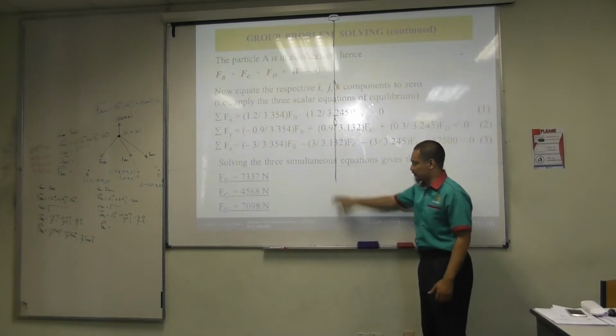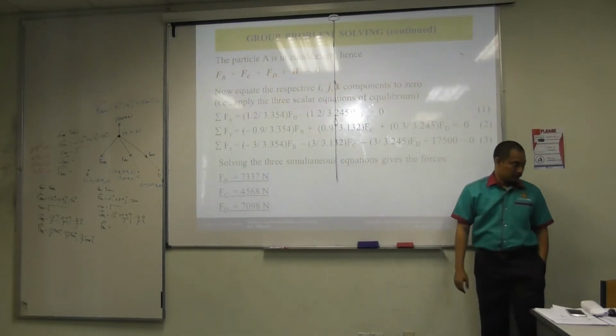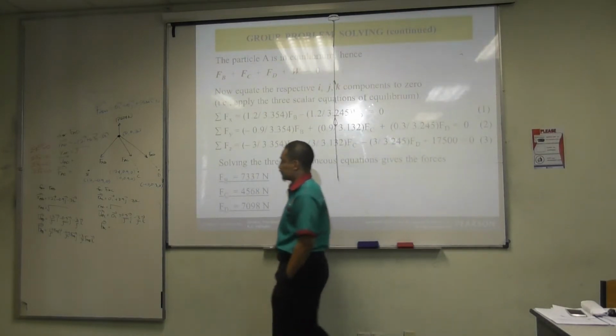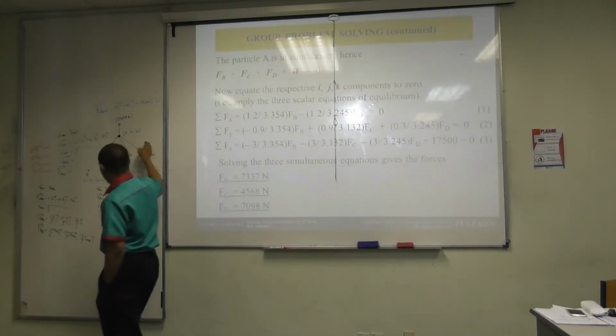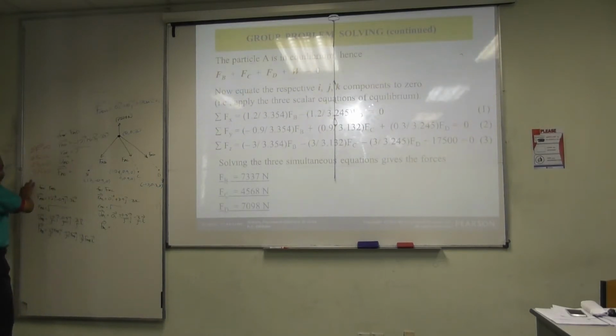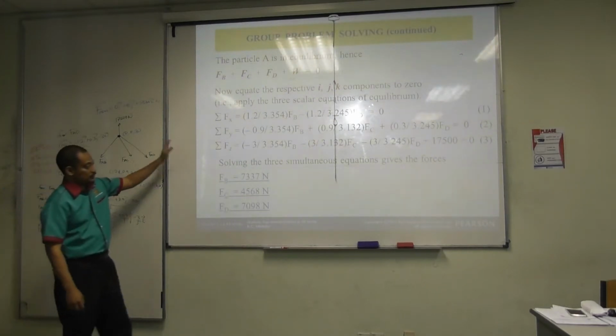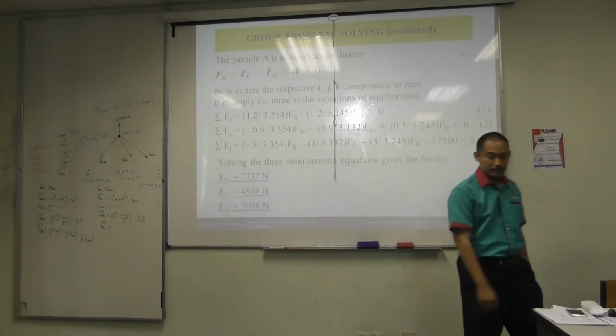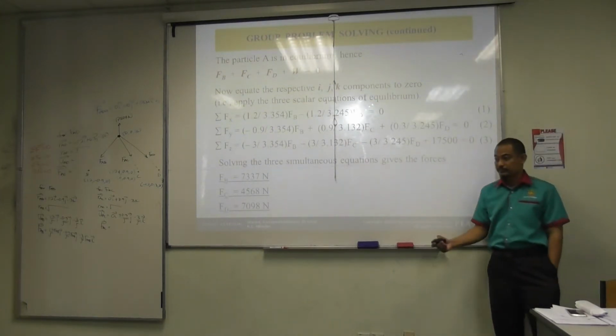So the rest is mathematical. Any question on how to go from the question to the free body diagram, to identify the coordinate, to know that you should solve using equations of equilibrium, to express every force in Cartesian vector form or x, y, z components, and then solving mathematically, right? Any question? Is it clear?